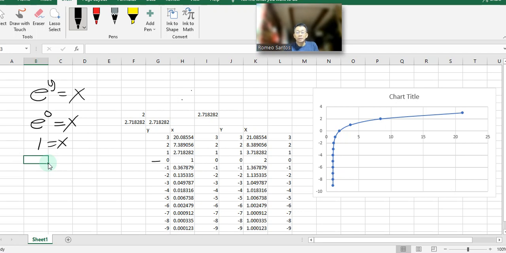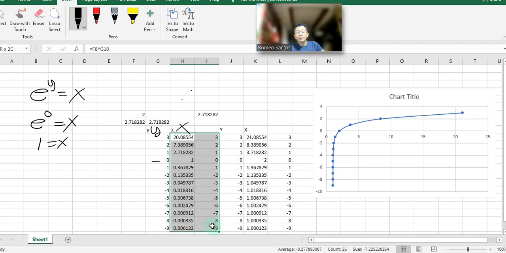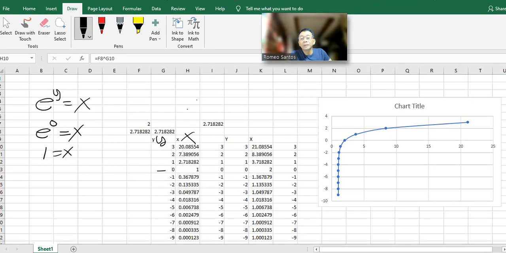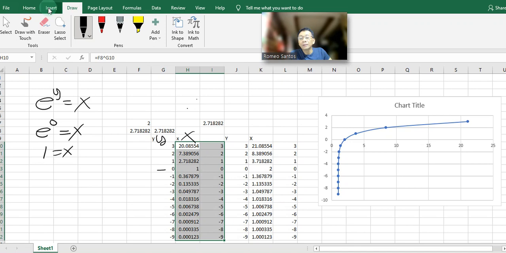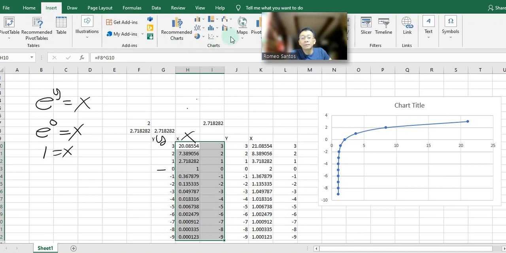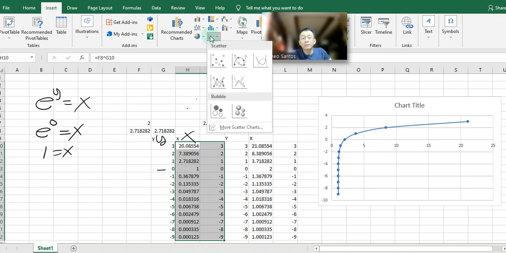So this is your x and this is your y. When y is 0, x is equal to 1, and so on. If this is negative 1, this is 0.36. Negative 2, this is 0.136. Now, if we plot this, just highlight this and then insert the chart.